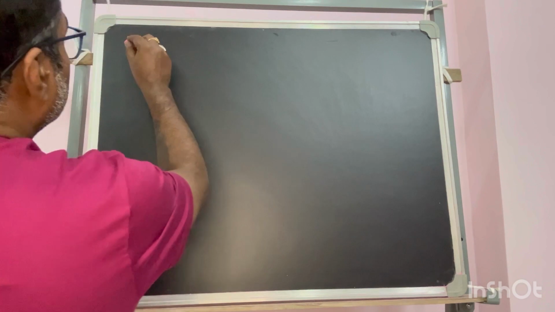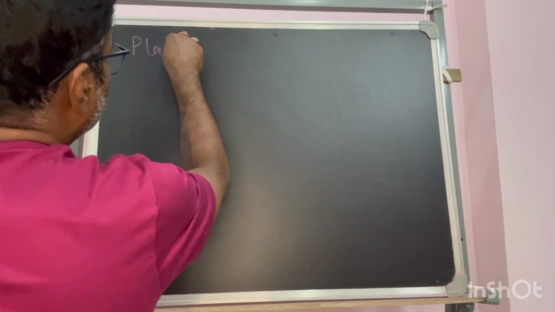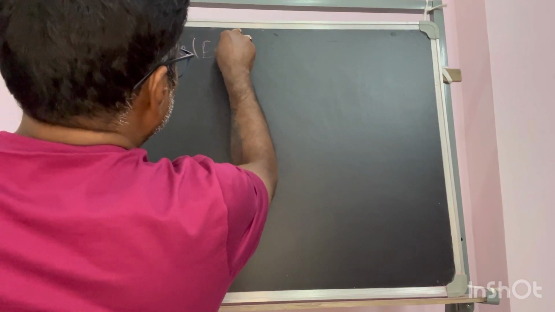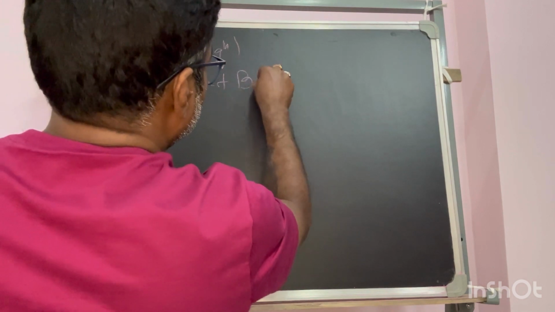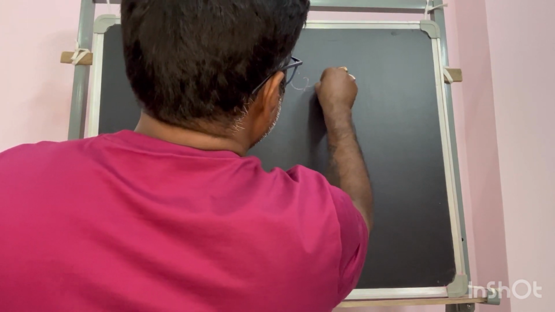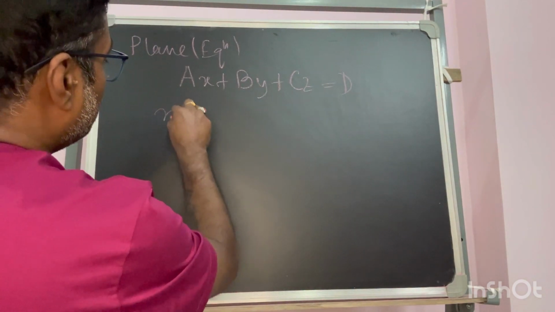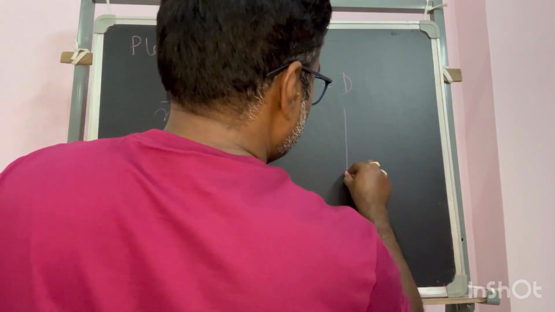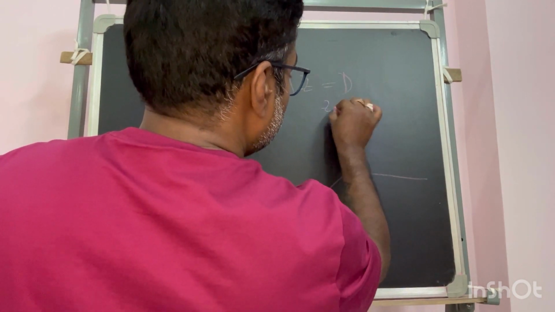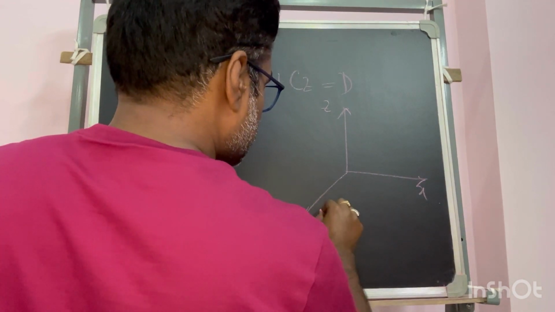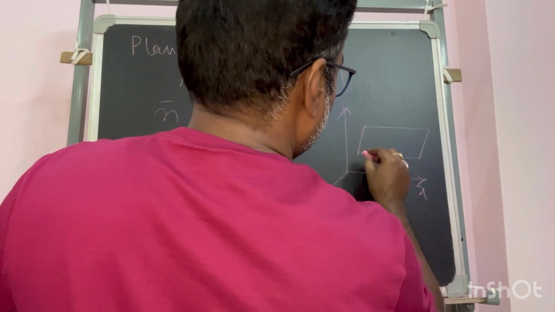The equation of a plane is given by ax + by + cz = d in the general form. If I talk about the Cartesian plane, this is z, this is x, this is y, and a plane is given on it.